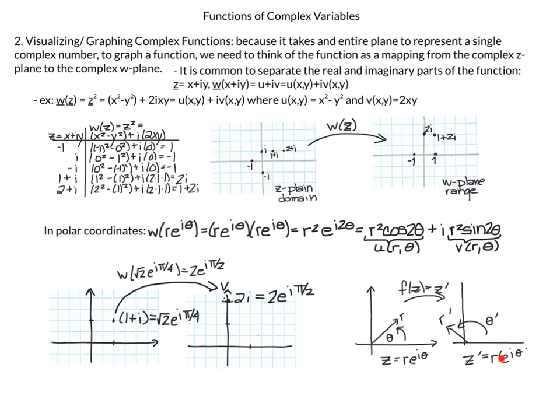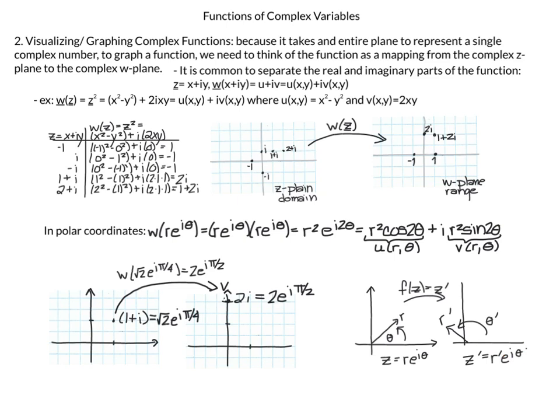And I placed my scratch work over here with the general graph. So I have some z equals r e to the i theta, and then my function on my complex number gives me a new complex number. Here I called it z prime. Then my new z prime is equal to a new radius and a new theta prime.